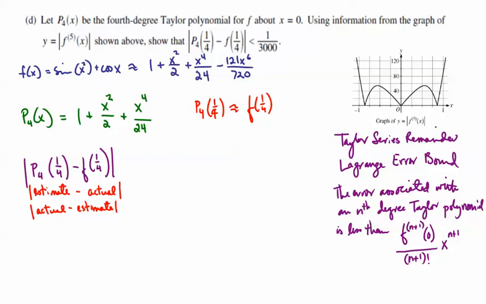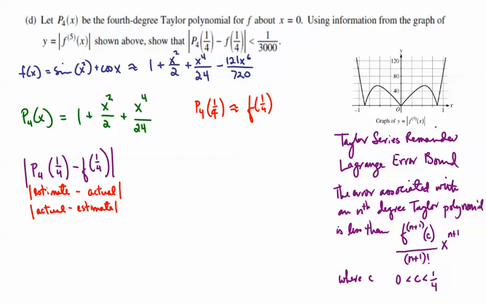Now, it's not exactly less than that term, and I'm going to change that 0 to be c, where c is some value between x, in this case 1/4, and the center, which is 0.